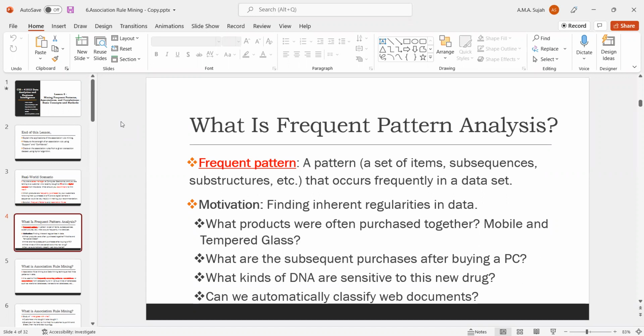Whenever you consider an exam, the answering patterns are different. What are the different answering patterns? Yes, something that happens frequently. Very good. A pattern is a way of happening again and again. If you think about answering questions, there are different patterns.